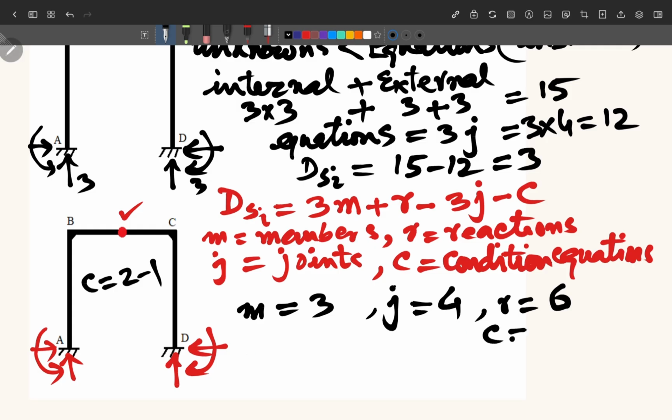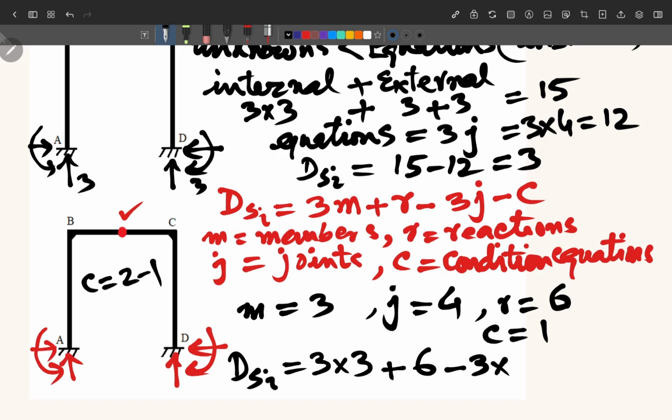Here we have C equal to 1. So DSI we can calculate as 3 times M, so 3 into 3, plus R is equal to 6, then minus 3J, J is equal to 4, and then minus C, that is condition equations, 1.